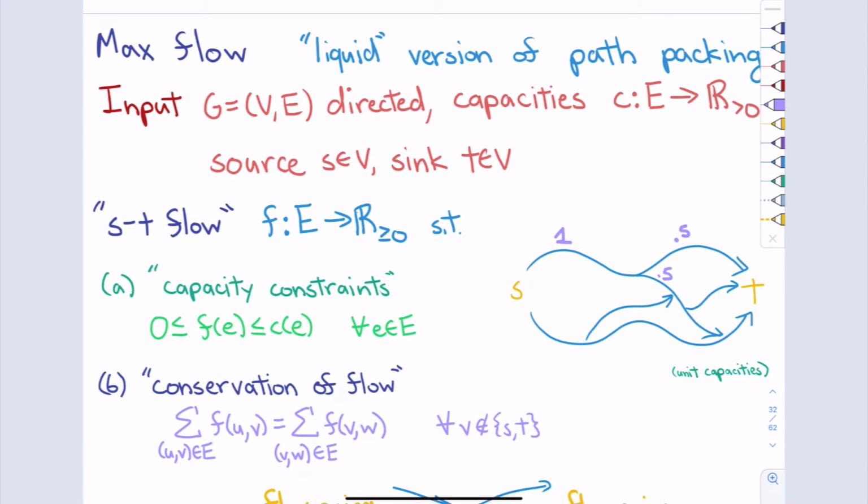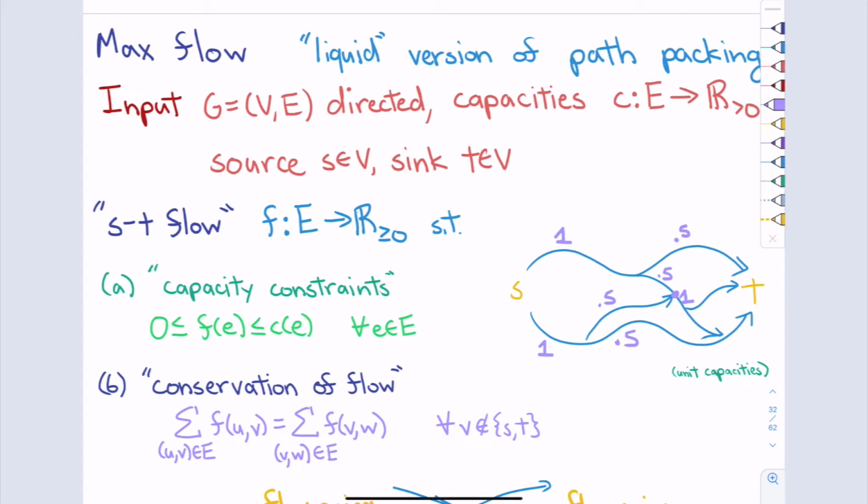Continuing on, maybe I'll send 1 unit of flow along the bottom. Maybe I'll split it up for fun, 0.5 on top, 0.5 on the bottom. Now, if I look at this junction point in the middle, I now have 1 unit of flow going into that vertex, so 1 unit of flow has to go out.